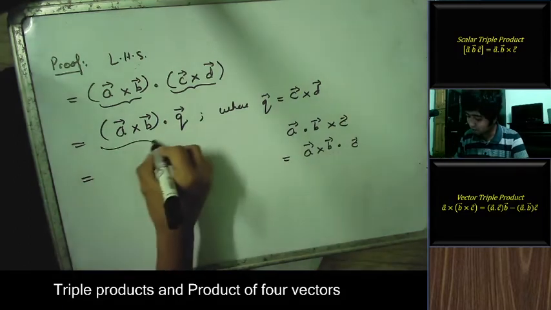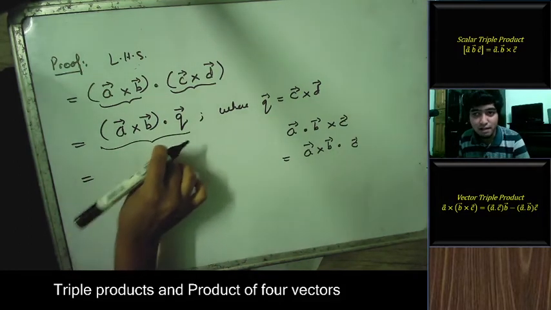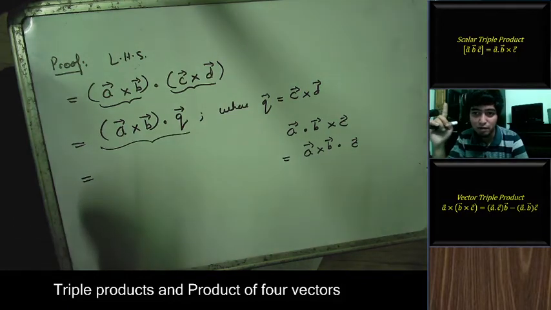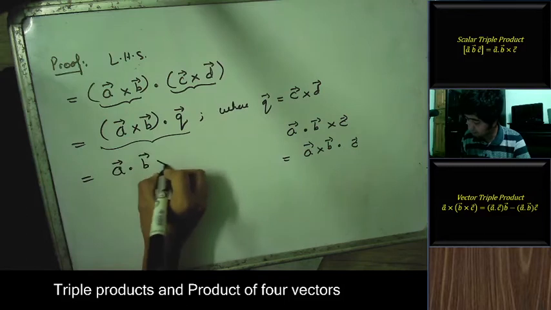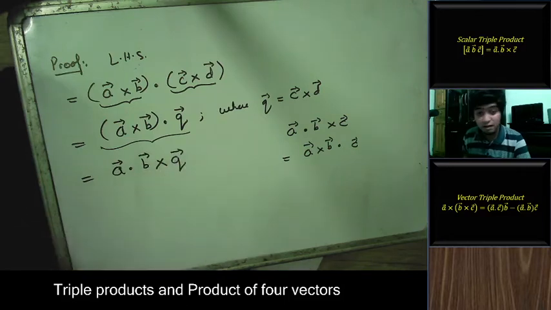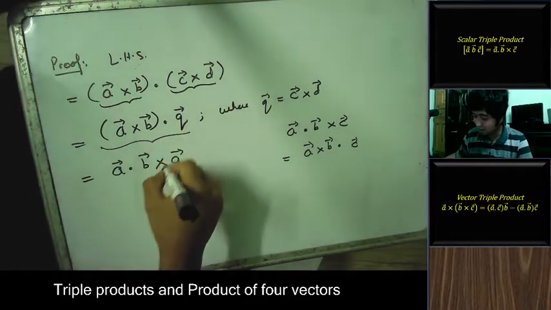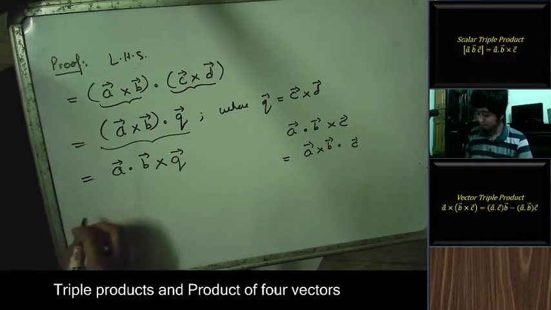So this is a scalar triple product as given by the formula above, and we can write it as A dot B cross Q, by interchanging the dot and the cross.